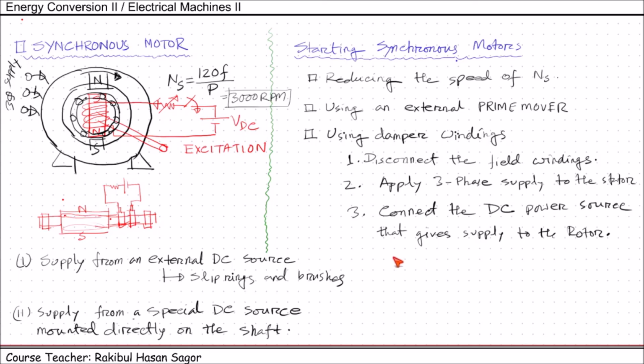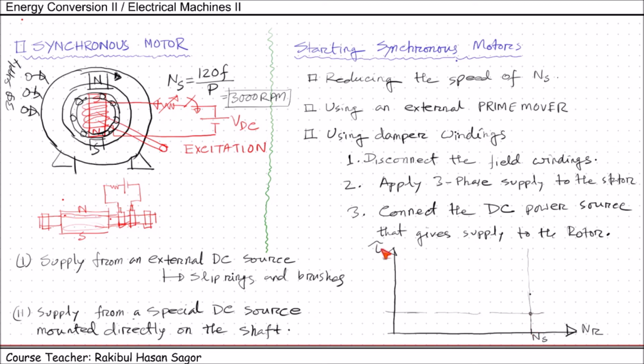So the torque speed characteristics curve for the synchronous motor will look like this. This is rotor speed and this point is the synchronous speed ns, and for the synchronous motor it will have this pattern. If we have an initial load like this, the operating point will be here and this is the synchronous speed.